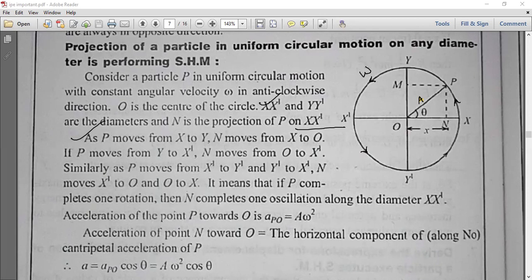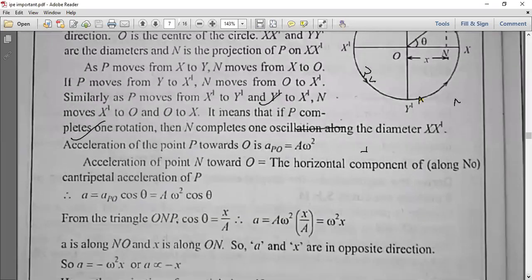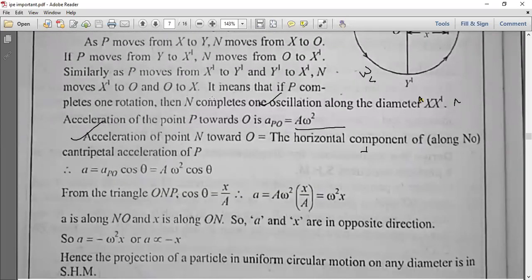Next, first the acceleration, we know that is omega square A. So the acceleration of point N towards O, the horizontal component along NO of the centripetal acceleration of P, is a omega square cos theta.